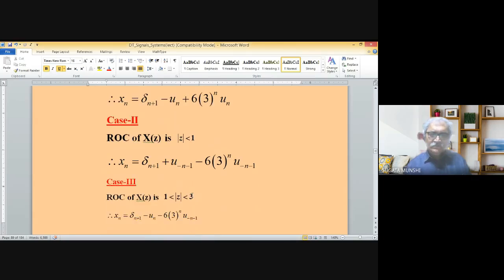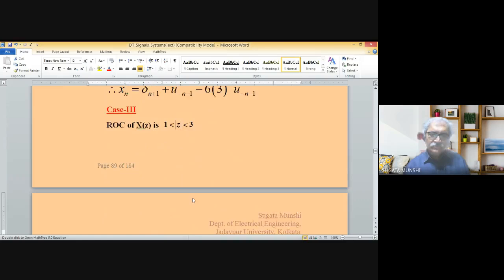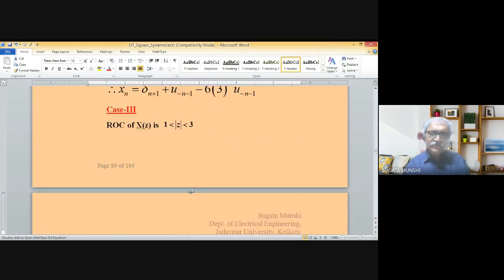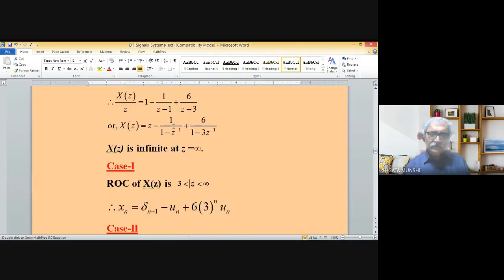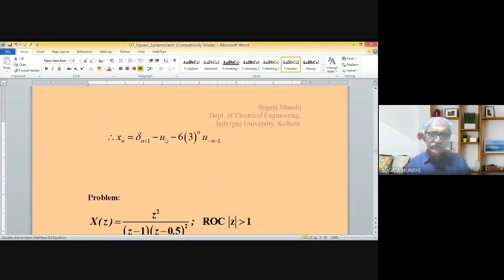The last one is magnitude of z greater than 1 and less than 3. So here, corresponding to z, that delta(n plus 1) term is there. Then, because magnitude of z is greater than 1, the second term will be the z transform of a causal sequence, so the inverse z transform is minus u(n).